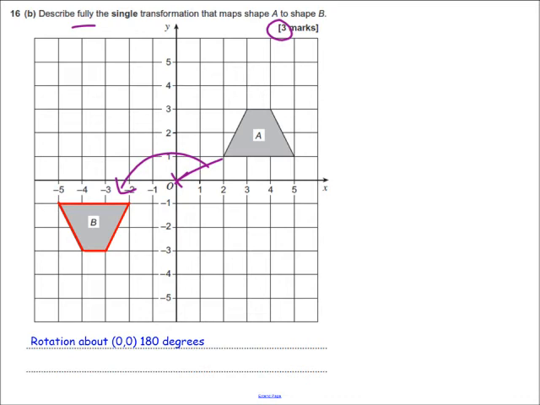And it doesn't matter, because it's 180 degrees, whether it's clockwise or anti-clockwise. So rotation is 1 mark, about 0, 0, so the center of your rotation is a 2nd mark, and then how far you've rotated, which is 180 degrees. And that's your 3 marks.